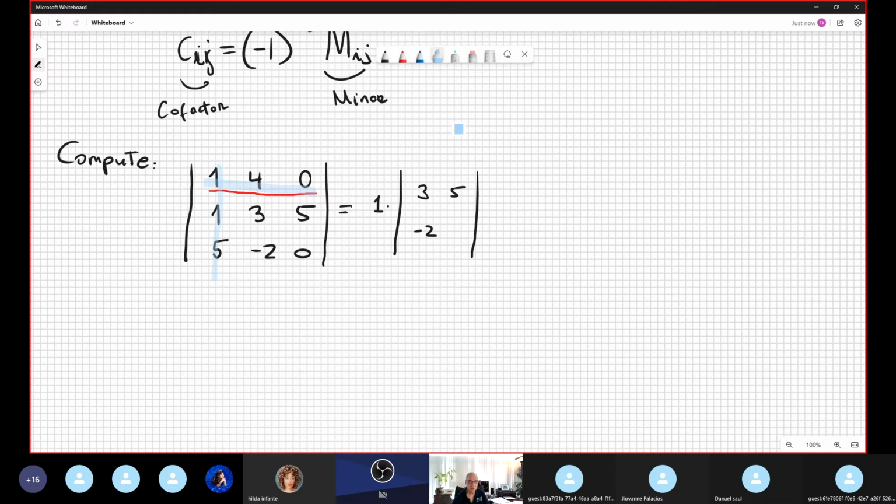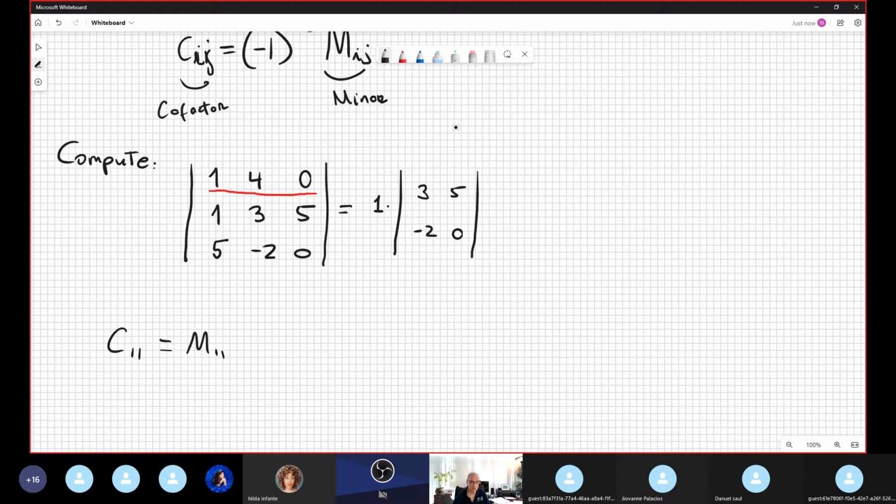And this is the minor: 3, 5, negative 2, 0. And this is the minor, but the sign is positive. So it's a perfect coincidence, cofactor 1, 1 and minor 1, 1, because the coefficient here is positive 1. Cool.